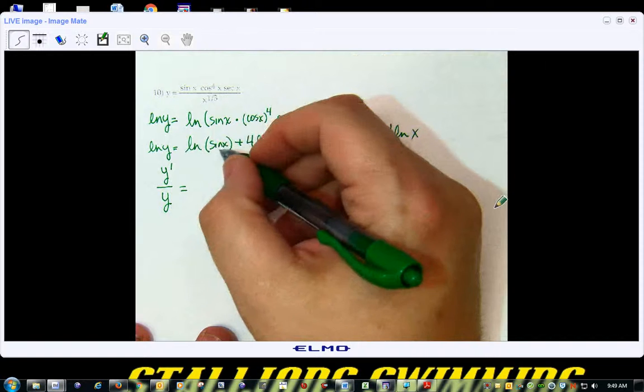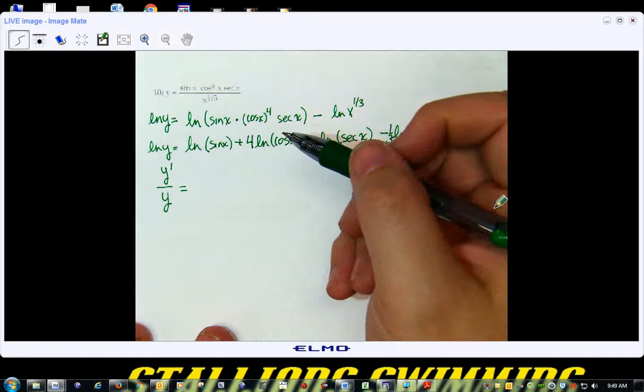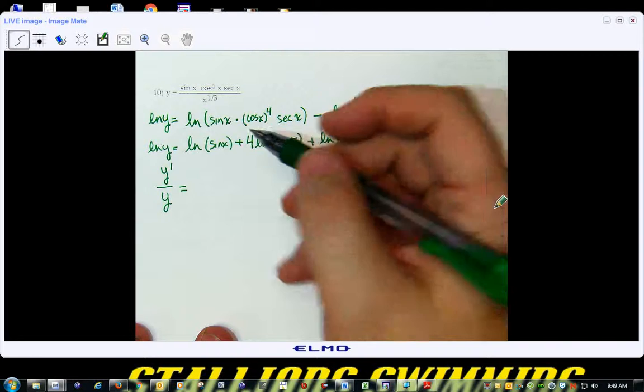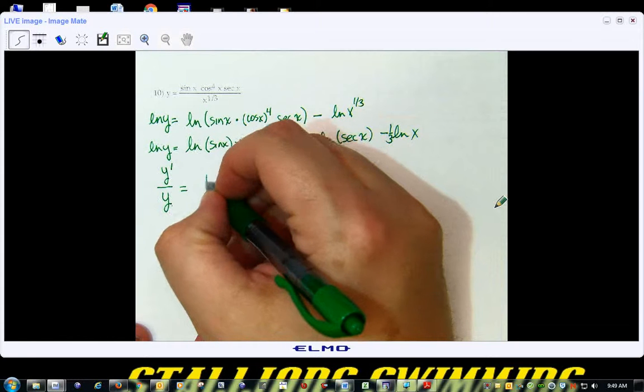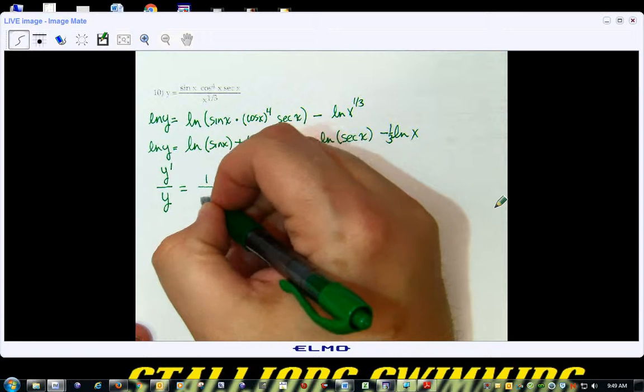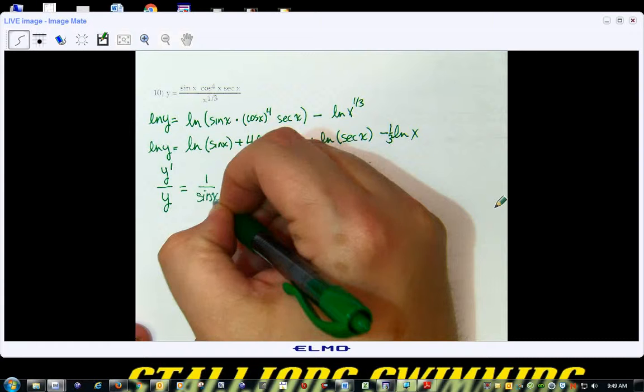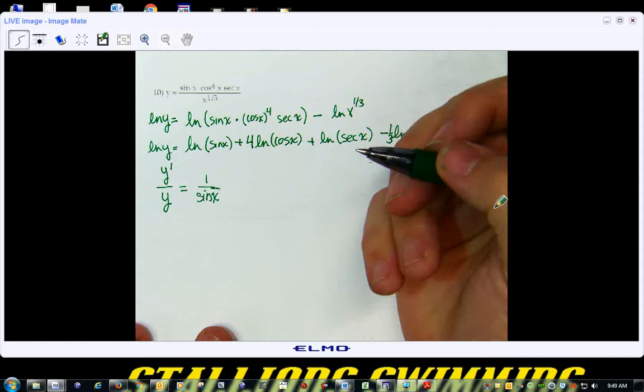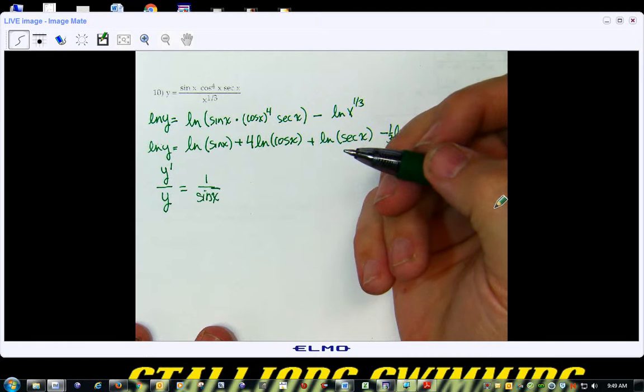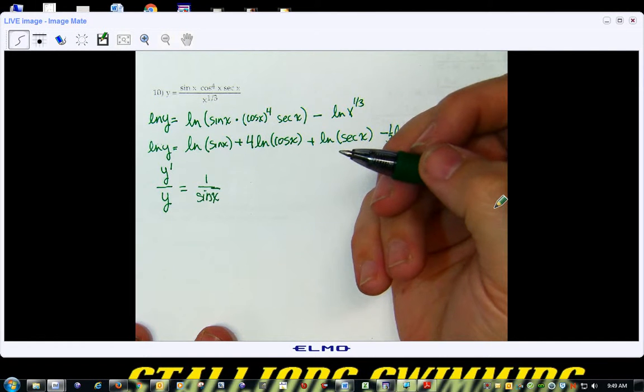Now, what's the derivative of natural log of sine? 1 over sine of x. Now I have to multiply by chain rule because it's not x, right? What's the derivative of sine? Cosine.